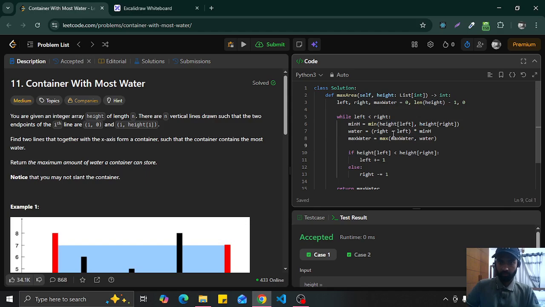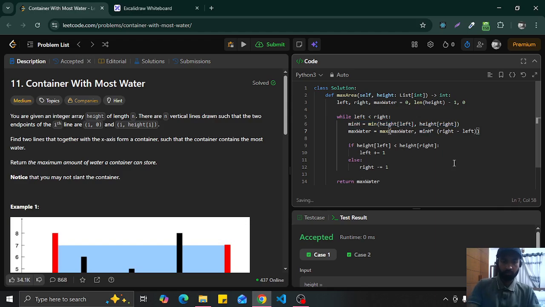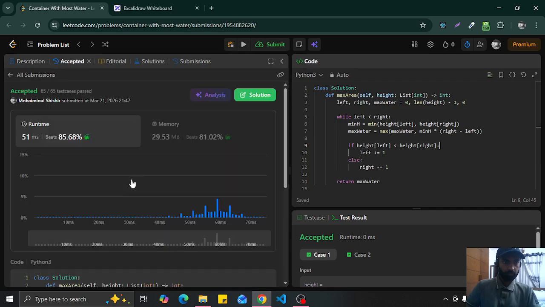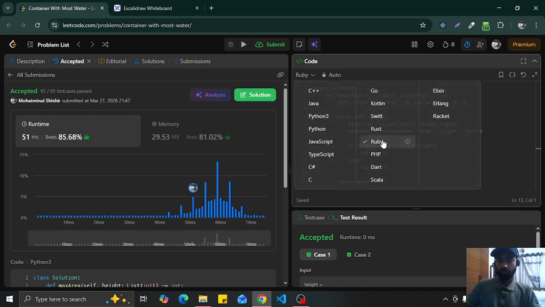And if that's the case, we can just put this here. So this should also work the same way, right? So let's submit this. Yeah, it gets accepted. So now we're going to solve it in Ruby.